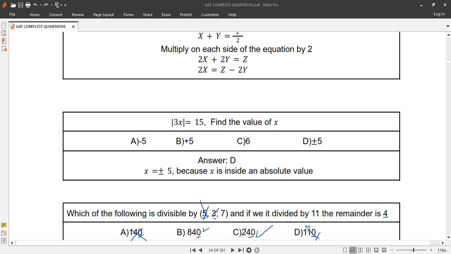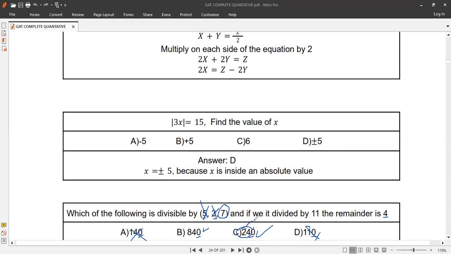So now I try the divisibility rule of 7. We double the last digit. If you double the 0, it becomes 0. Then we subtract from the rest. 24 minus 0 equals 24. The answer should be 0 or a multiple of 7.